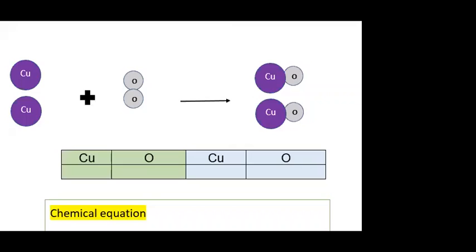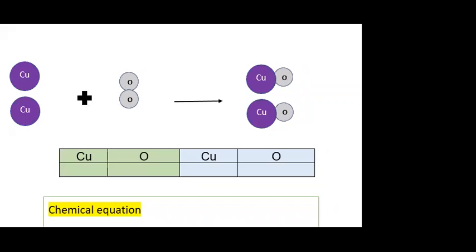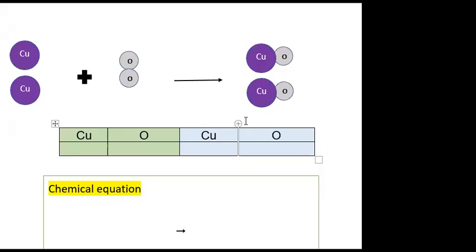Okay, so we're just going to mark that one picture equation, which I gave you for homework. I don't think I gave this one to you for homework, but regardless. Right. So we look at the reactants, and we have 2 copper, right? We have 2 atoms of oxygen, and we have 2 compounds of copper oxide.